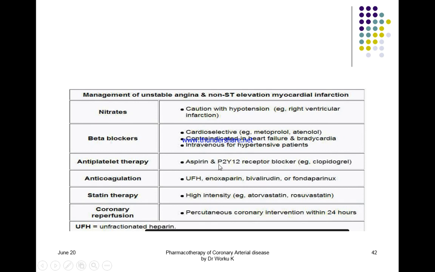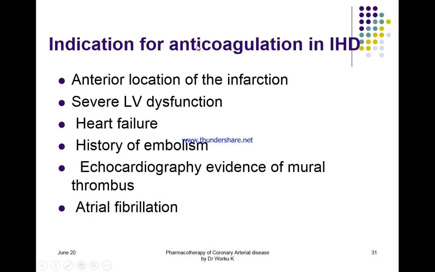Antiplatelet therapy: aspirin and P2Y12 receptor blockers like clopidogrel are recommended. Even the combination is much better than either aspirin or clopidogrel alone. Anticoagulation, if the need arises, because the patient has risk: anterior location of the infarction, severe left ventricular dysfunction, heart failure, history of embolism, echocardiographic evidence of mural thrombus, and atrial fibrillation.